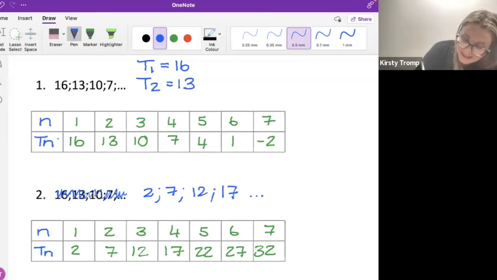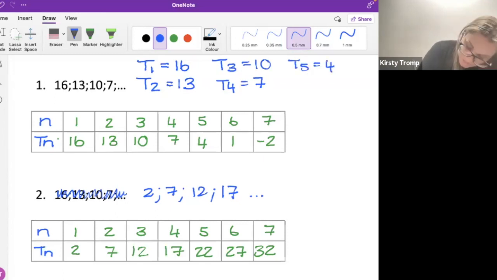And actually, can I carry on? T3, the third term, that was equal to 10. T4, that was equal to 7. T5, that's equal to 4. T6, that's equal to 1. And T7, that's equal to negative 2.